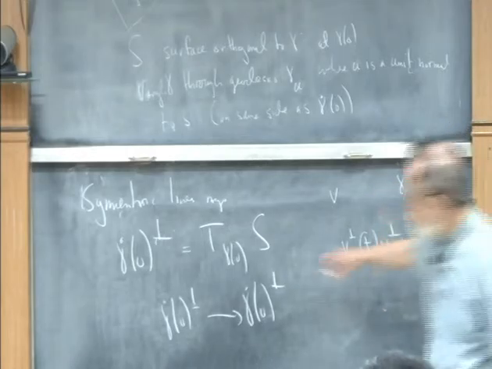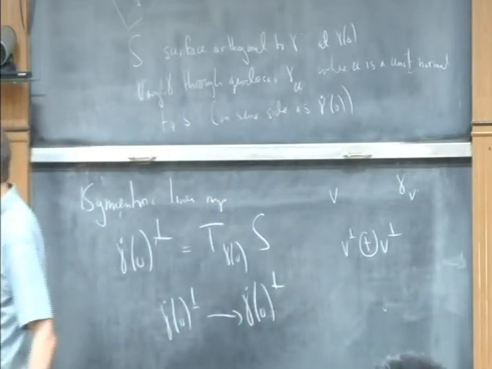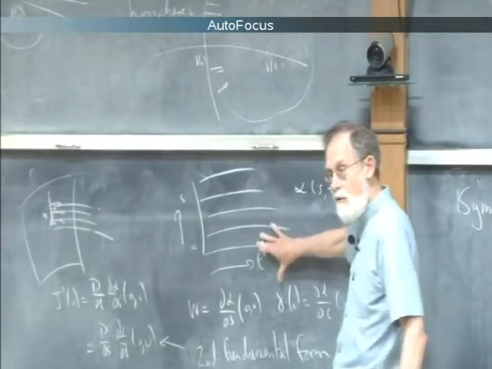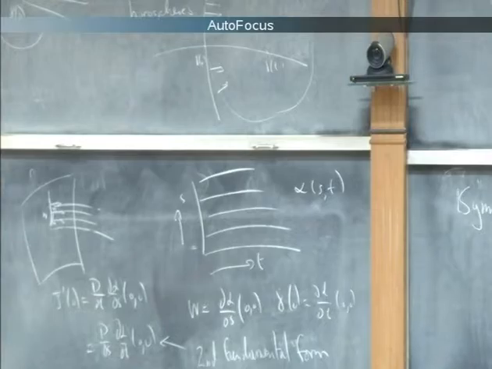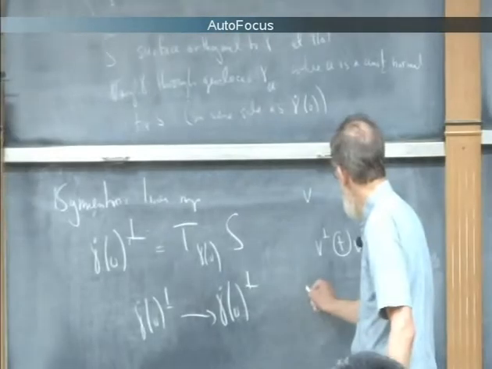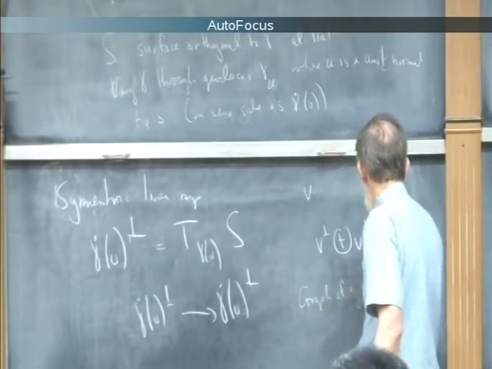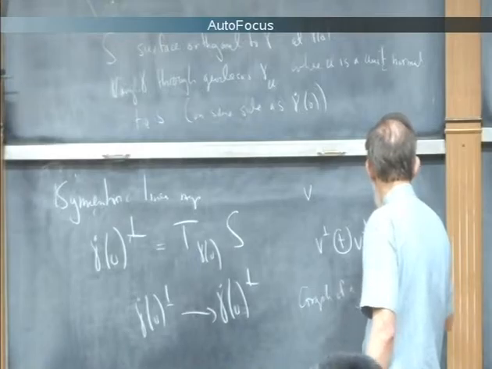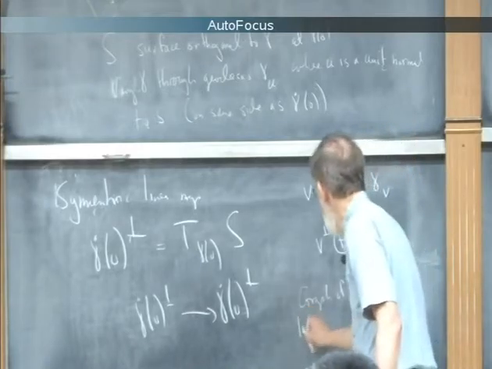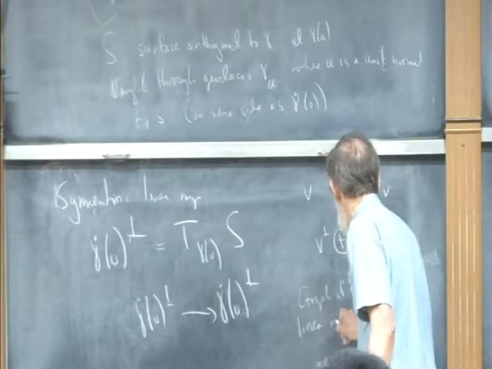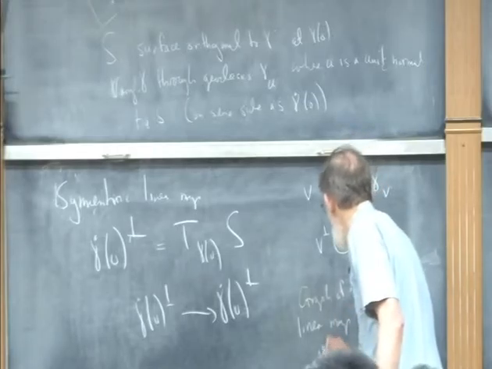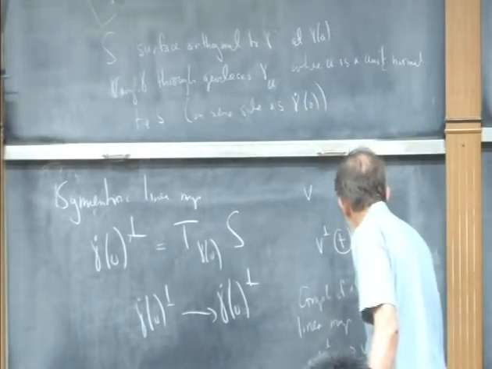My construction over here is going to produce n-1 dimensional subspaces of this, and they're subspaces of the form: you get the graph of a symmetric linear map from v perp to v perp.